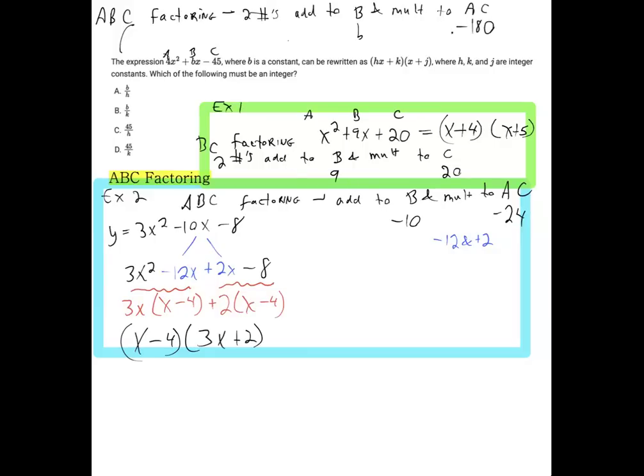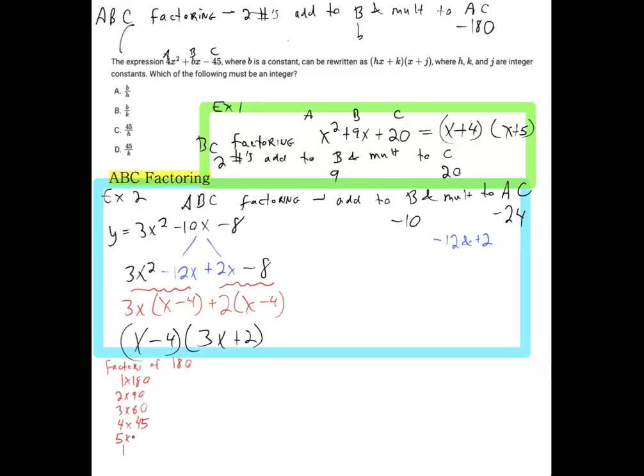So now we can think of all of the pairs of factors of 180. And it's a really long list. 180 divides by 1, of course. It divides by 2. It divides by 3. It divides by 4. It divides by 5.